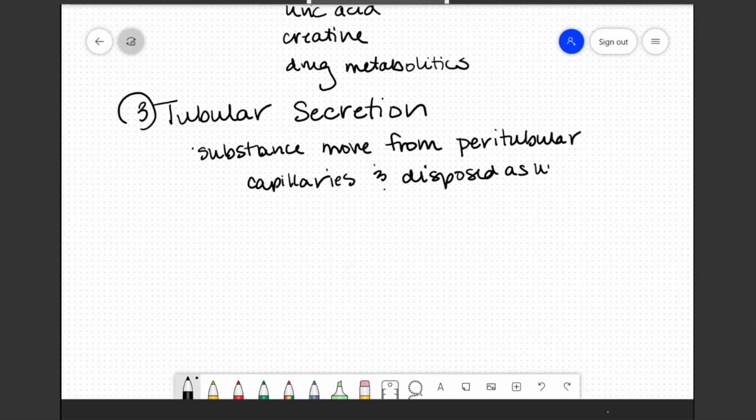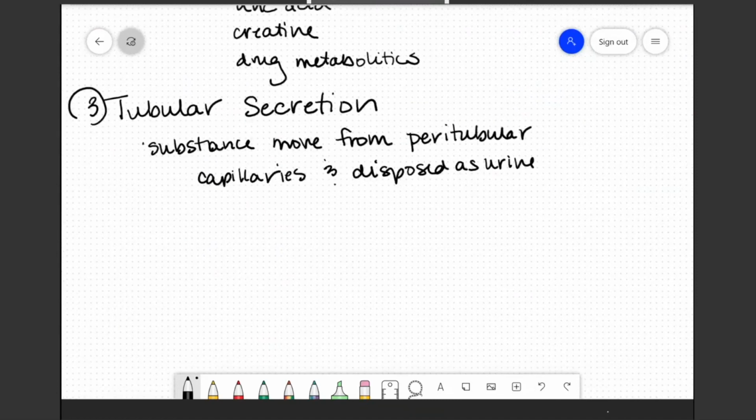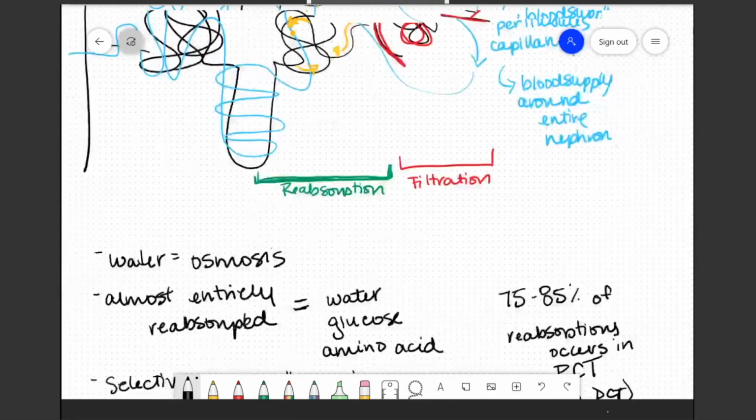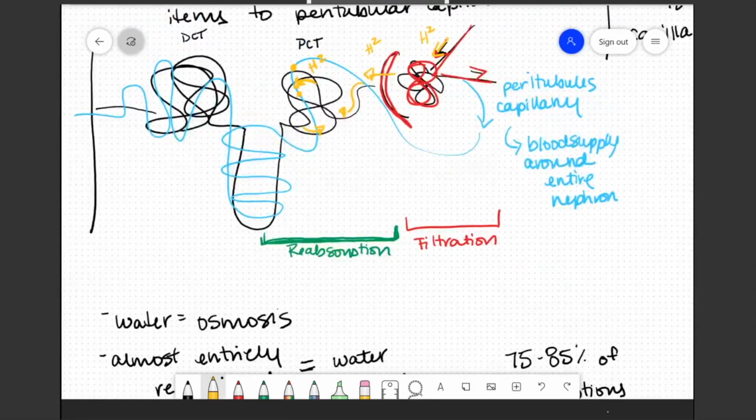What we mean here is that things are going from the capillaries, there's only one P, to the DCT. So this is going from the blood to the nephron. So we're going back. We are now secreting things from the blood to the nephron. That means all of these peritubular capillaries right here, this is going to be tubular secretion.